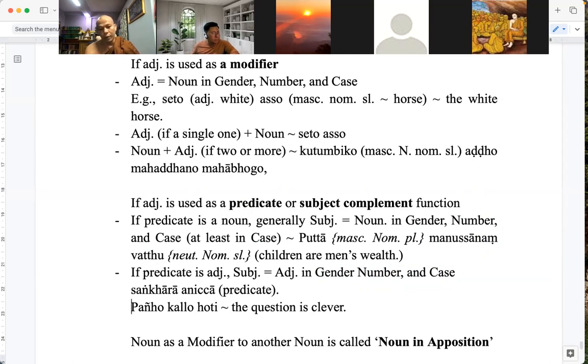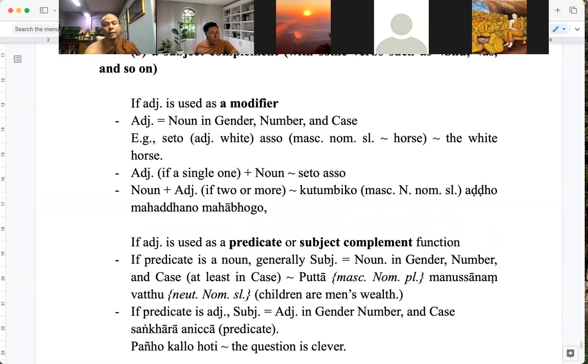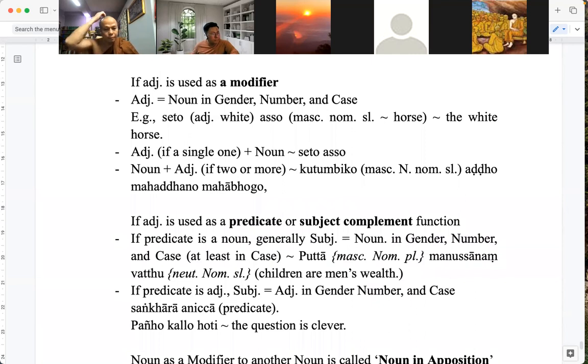Anicca also nominative case plural masculine. Binyo also nominative case singular masculine gender. The Kanlo is an adjective, the same as Binyo in gender, number, case: masculine, nominative case singular. So that is how an adjective is used in Pali.